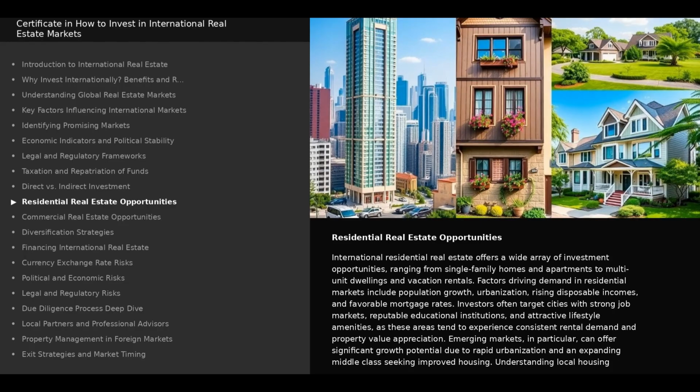Investors often target cities with strong job markets, reputable educational institutions, and attractive lifestyle amenities, as these areas tend to experience consistent rental demand and property value appreciation. Emerging markets, in particular, can offer significant growth potential due to rapid urbanization and an expanding middle class seeking improved housing. Understanding local housing preferences and cultural norms is crucial for successful residential investments. This market segment can provide stable rental income.